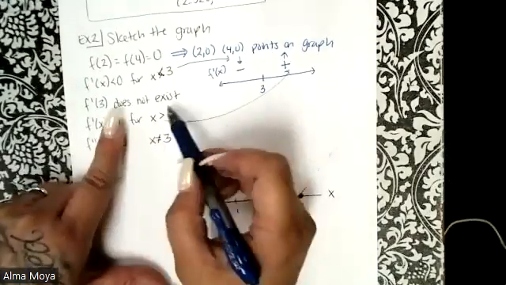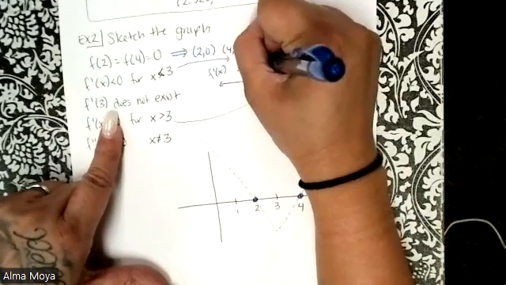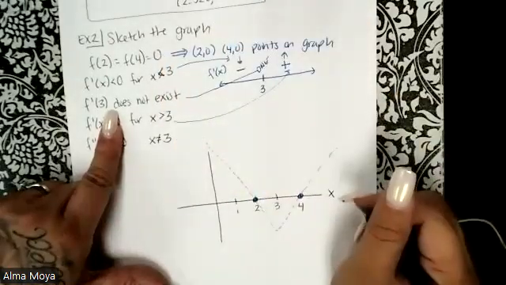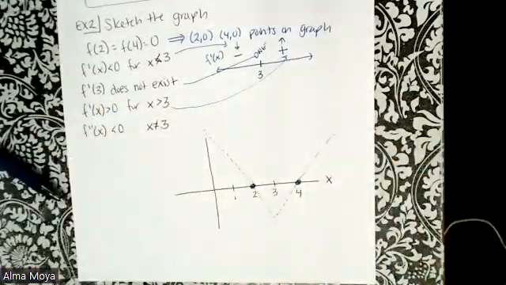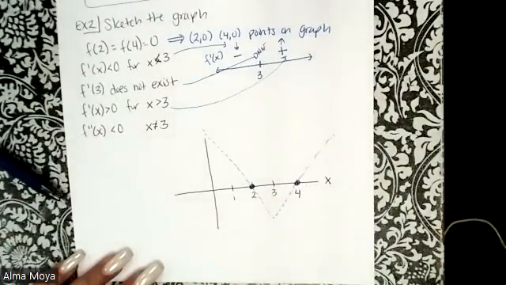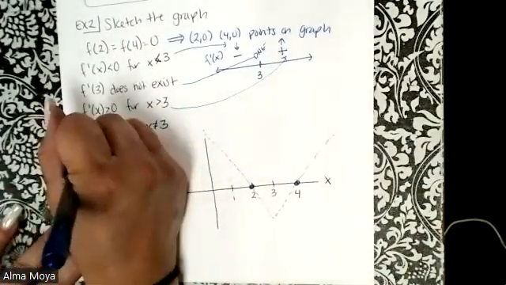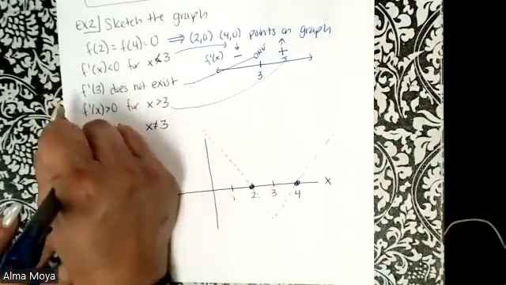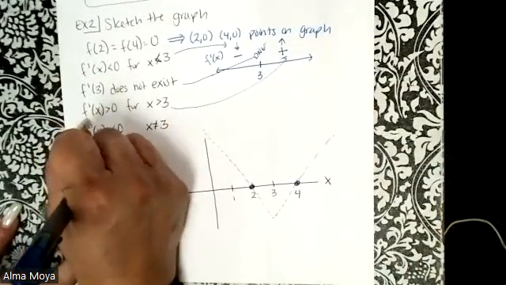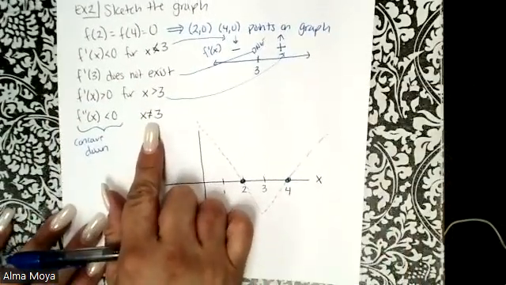And now at 3, the first derivative does not exist. So right here, it does not exist, meaning you have some type of point. And then right here, what this says is that the graph is all concave down, and x cannot equal 3.